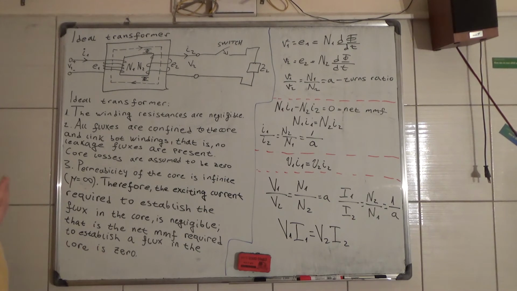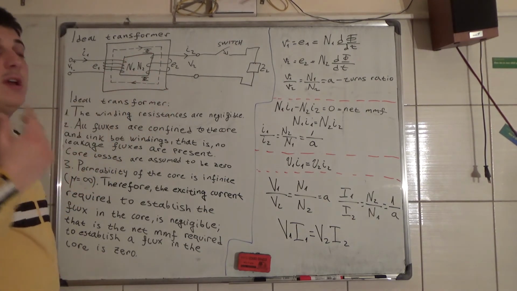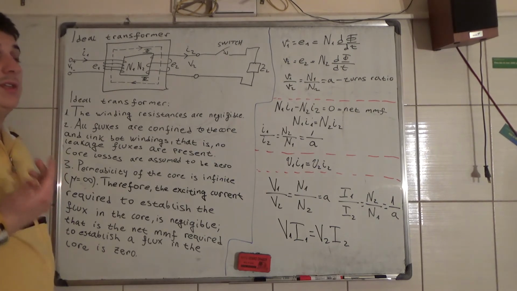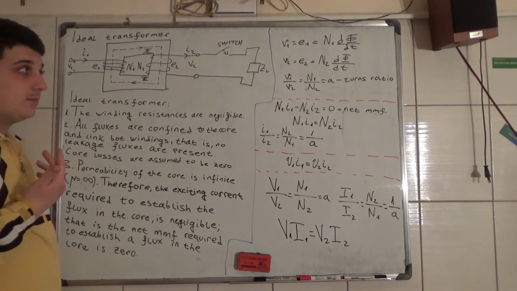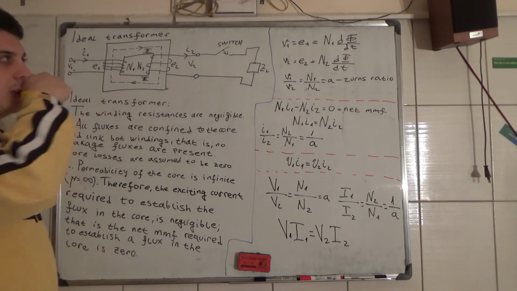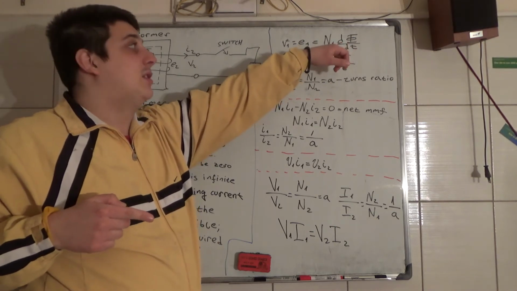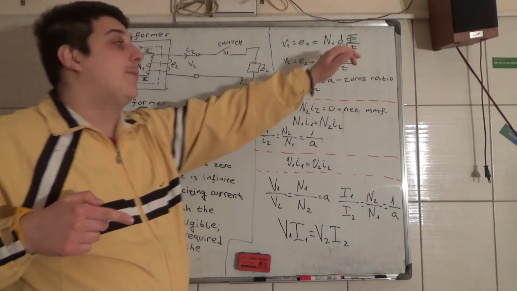With direct current we only have steady flux. So the change in the flux is what we need to induce the voltage on these windings. So V1 is equal to E1, which is equal to, by Faraday's law, N1 times dφ by dt.